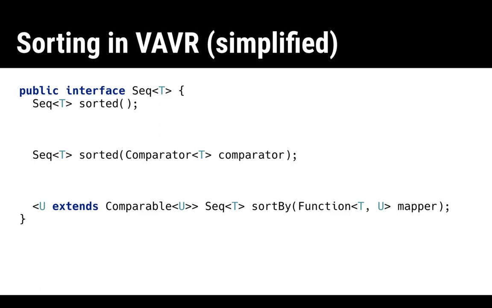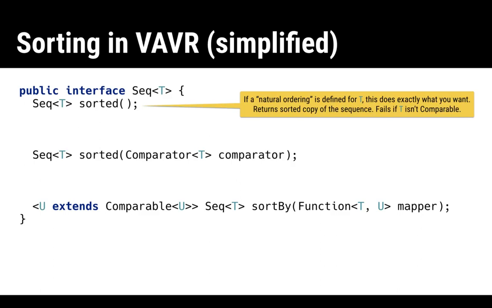So for starters, just like I can say sequence.map of a lambda or sequence.fold with a lambda or sequence.take20, I can say sequence.sorted. And what I will get out is a copy of the sequence in its sorted order in its natural ordering. So if that was integer, they'll be ordered from small to large numbers.